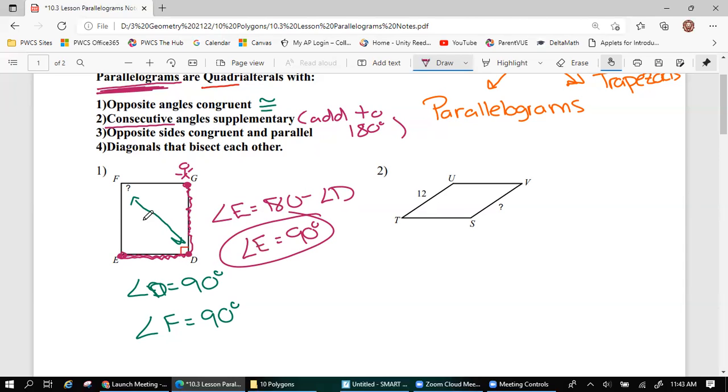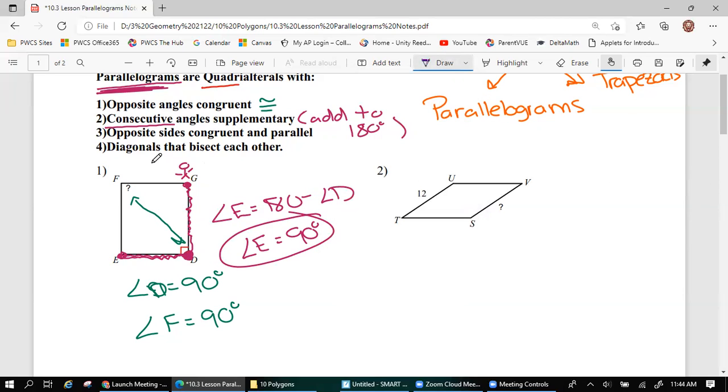Since the angles I started with were 90 degrees, that makes my other angles also 90. So any vertex, if I'm walking along the outside of my parallelogram and I go in either direction, the next angle I get to is considered a consecutive angle. The only angle I didn't get to consecutively is the one that's opposite, which is the same size.